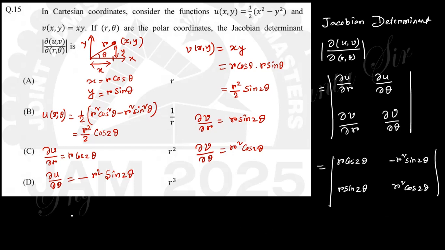Expanding, this gives you r cube cos square 2 theta, minus minus plus r cube sin square 2 theta. If you take r cube common, sin square plus cos square is 1. So finally the answer will be r cube.